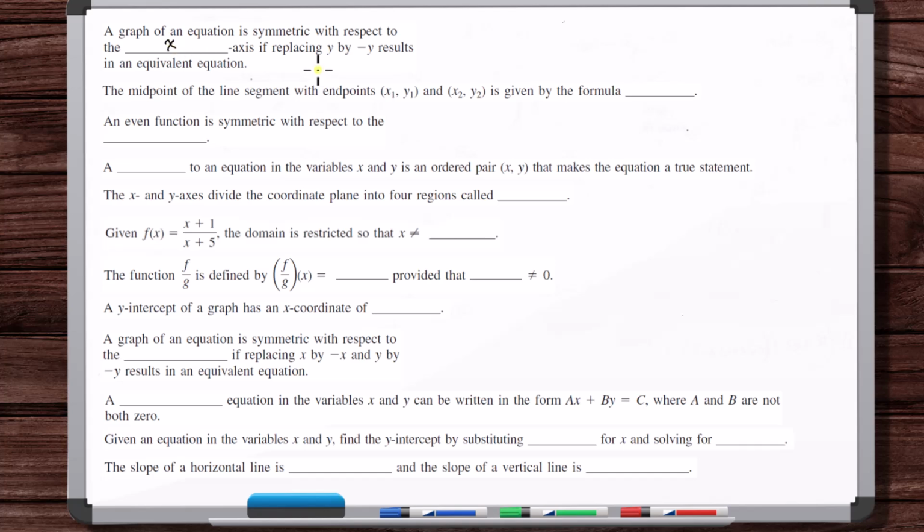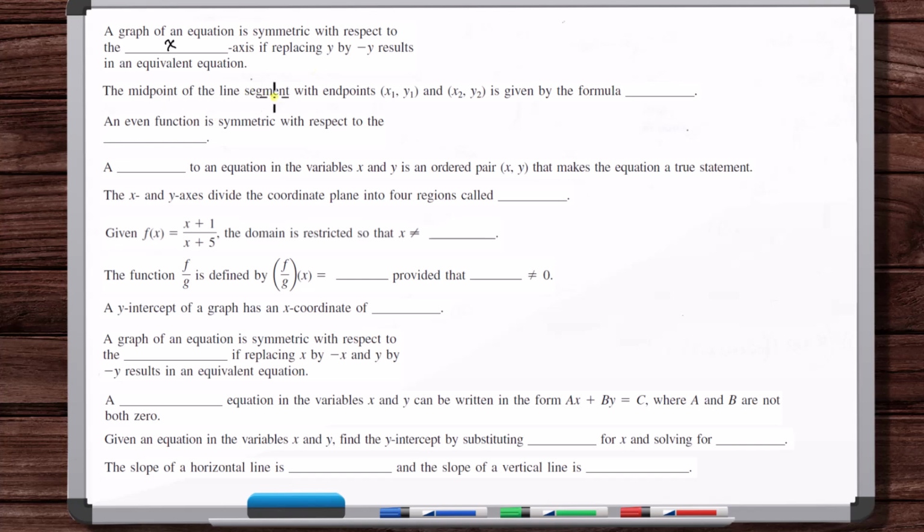Because we talked about in transformations of graphs, if you replace y by minus y, or in the same way you put a minus 1 in front of all the y's, you're flipping that equation about the x-axis. Well, when it comes to symmetry, if you do that for an equation, simplify and get the same equation back, then the graph or the equation is symmetric with respect to the x-axis.